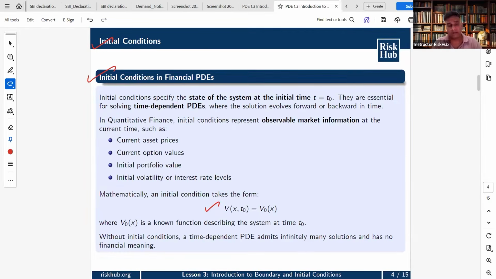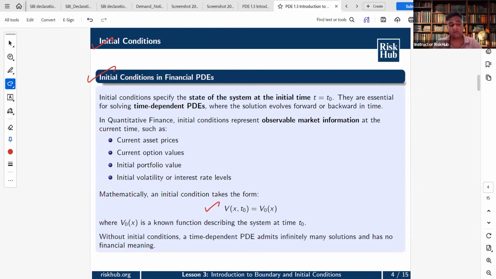As I was saying, what is important to understand here is that in your equation V of x comma t naught equals V naught of x, at the starting time the function is known. In finance, the initial condition can be the current asset price, portfolio value, interest rate, or volatility level, all known today.